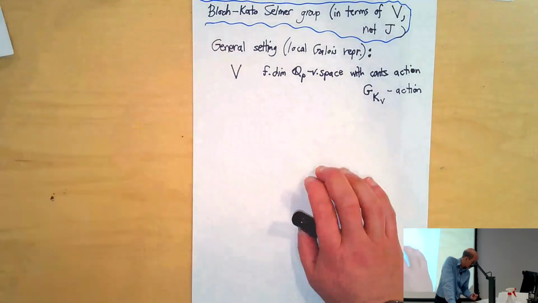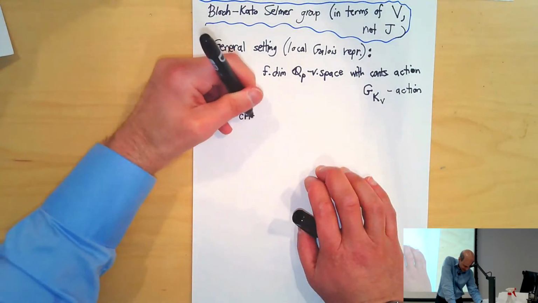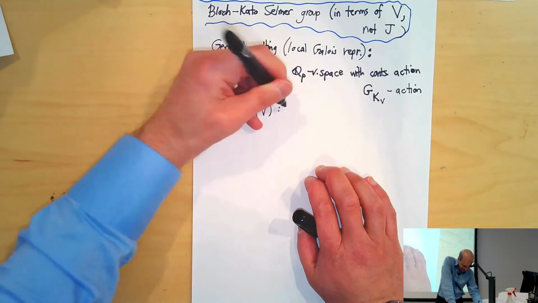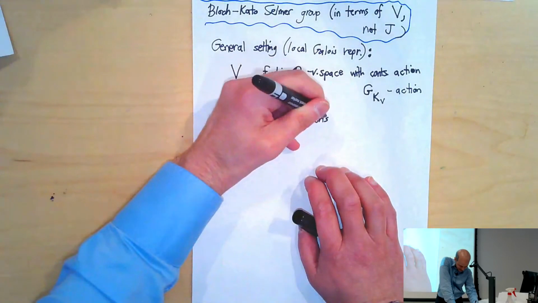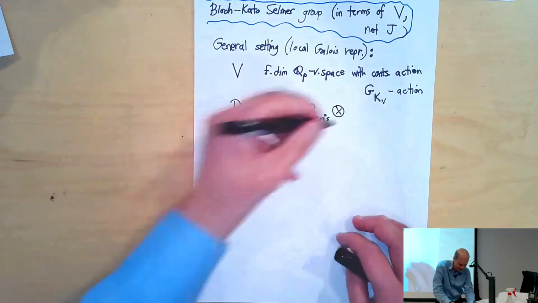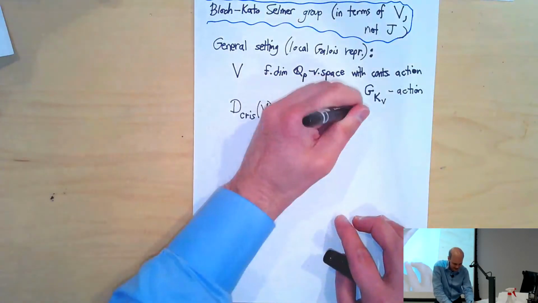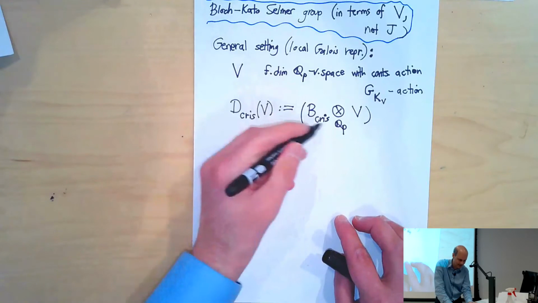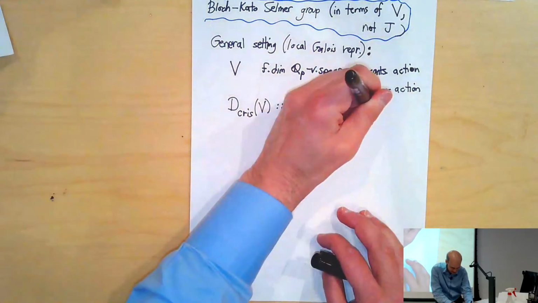Well, then there's this horrible thing called D_cris, which is defined in terms of an even more horrible thing called B_cris, which I'm not going to try to define for you. It's some big ring defined by Fontaine, and you take Galois invariants of that.